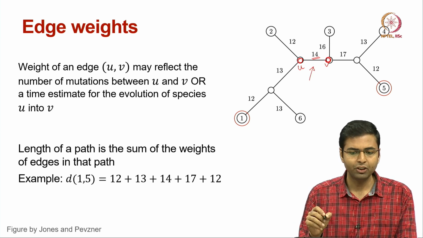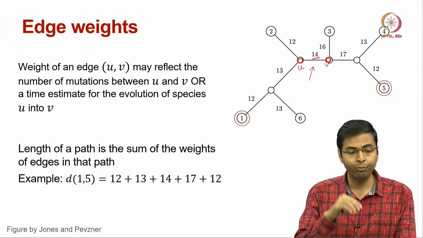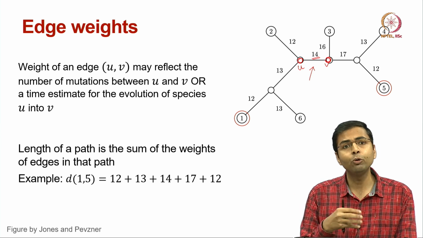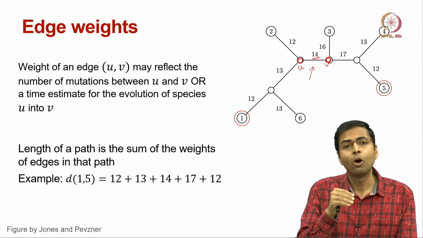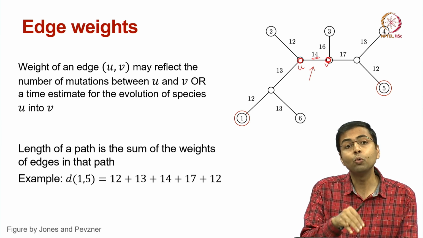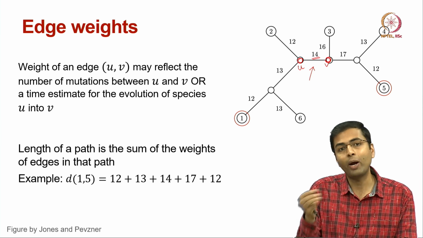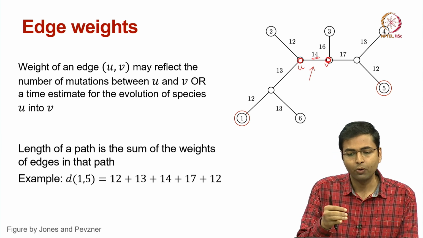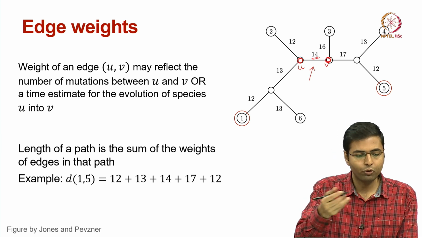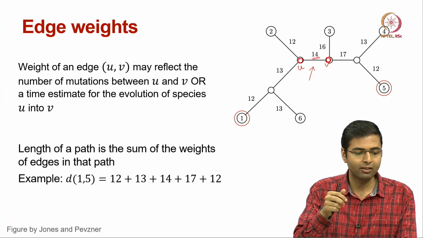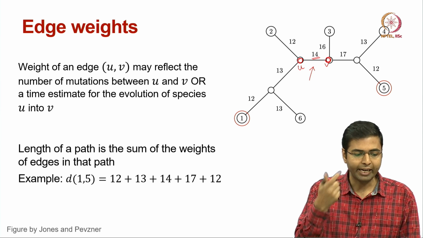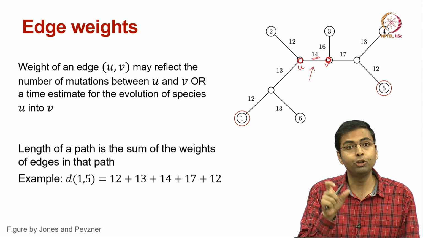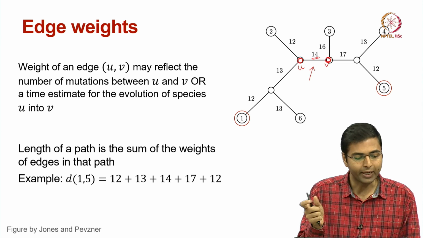A weight of an edge may reflect the number of mutations between u and v, or it may be used to convey a time estimate for the evolution of species u into v, or vice versa. So, depending on the method being used, an edge can indicate the number of mutations between u and v, or a time estimate for the evolution of species u into v.